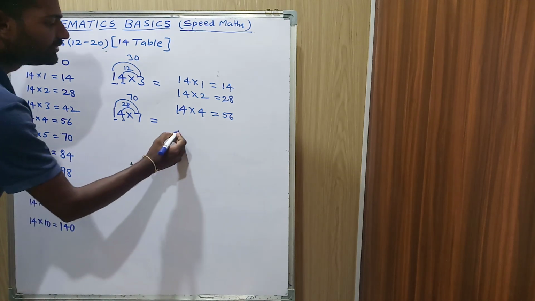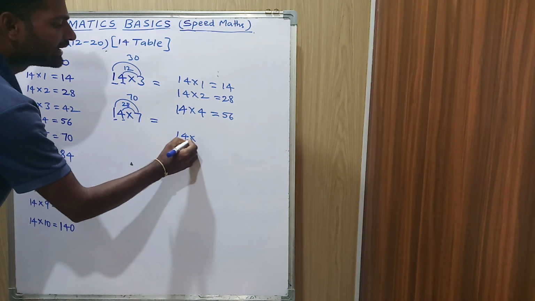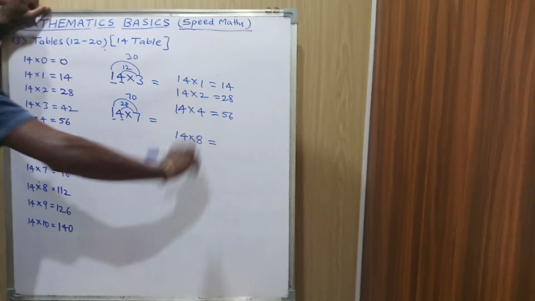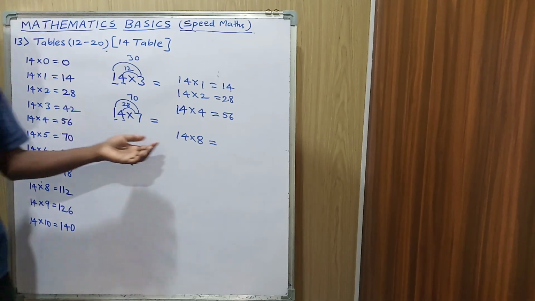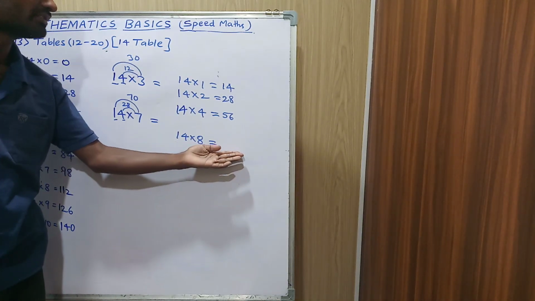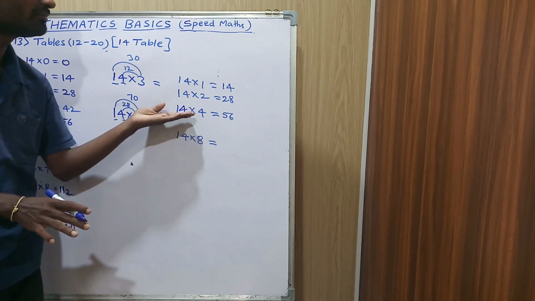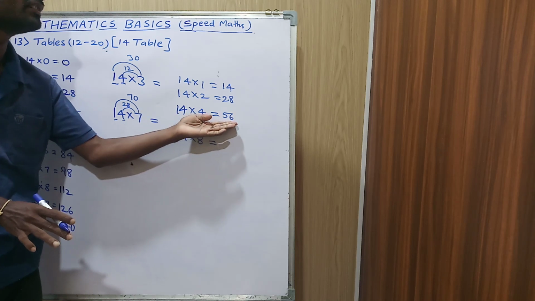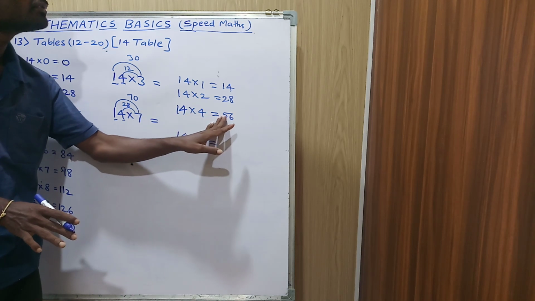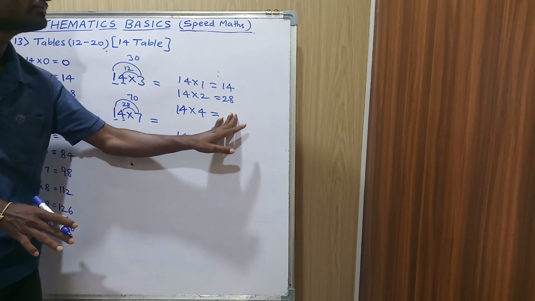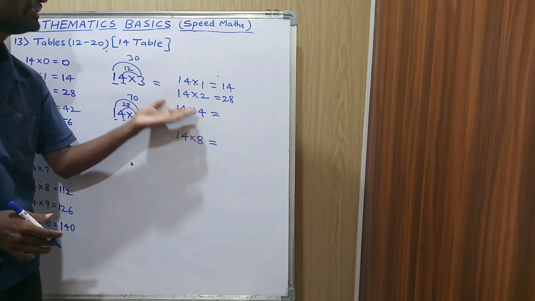Next, for example, you encounter 14 eights, how much? For example, you don't know 14 eights. Then that doesn't matter at all. Just think about what 14 fours are. If you don't know 14 fours, then think about 14 twos.